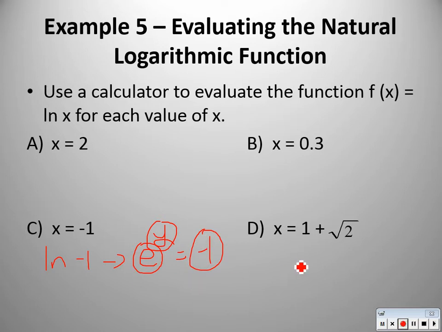And then for part D, if I did the natural log of 1 plus root 2, what I'm really asking myself here is e to the what power equals 1 plus the square root of 2.